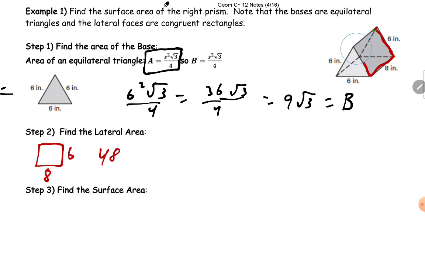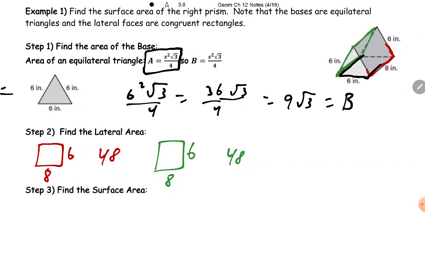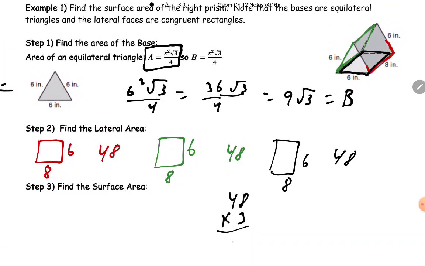If this is 8, then that is 8. If that's 6, that's 6. Still 6 by 8, so that's 48. And the bottom is also a 6 by 8. So 48 times 3, or 48 plus 48 plus 48, is 144.